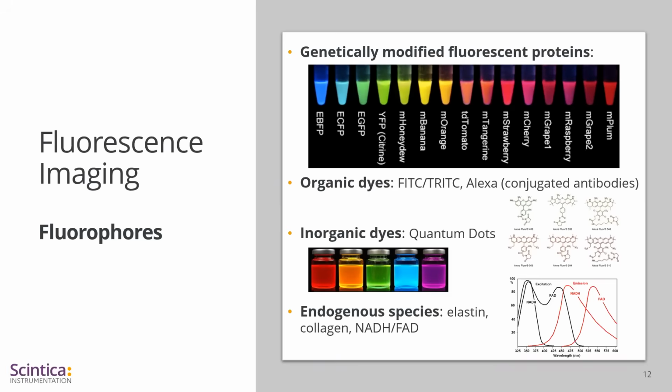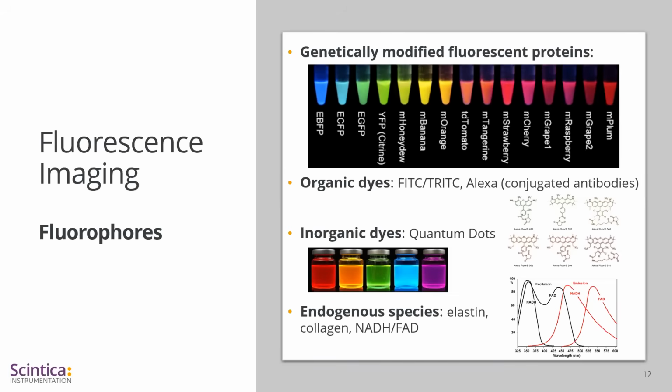They can also be inorganic dyes, such as quantum dots, or fluorescence can originate from endogenous species, such as elastin and collagen, and the metabolic enzymes NADH and FAD. In this case, you're basically collecting autofluorescence from these species after exciting them with a specific wavelength.